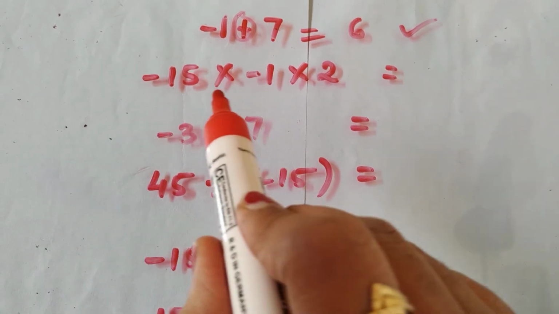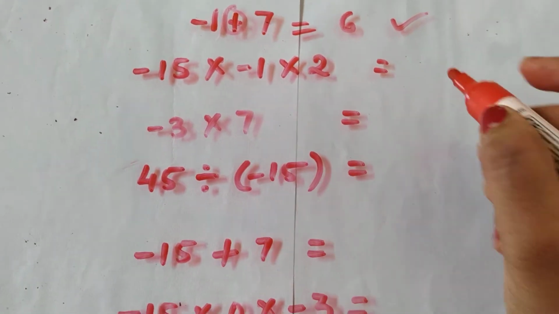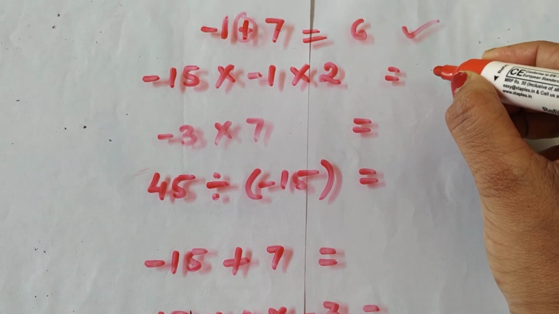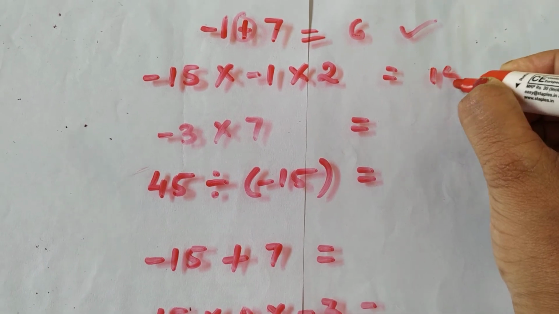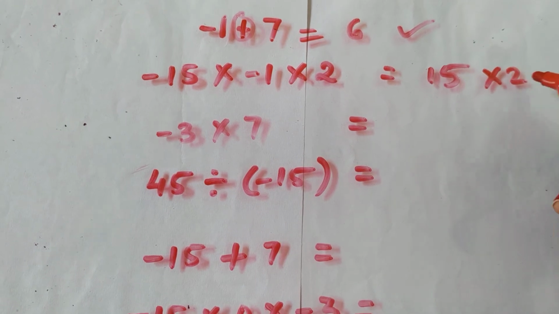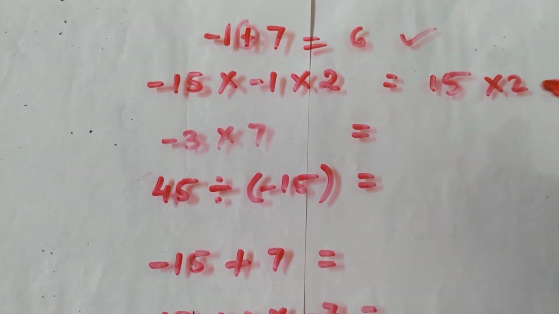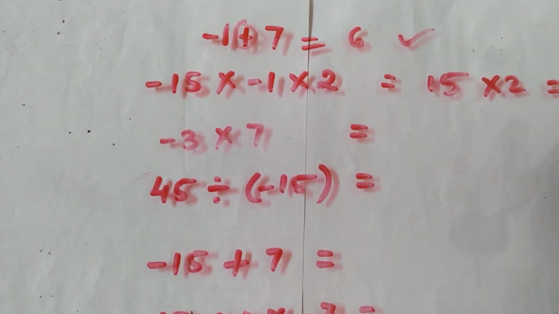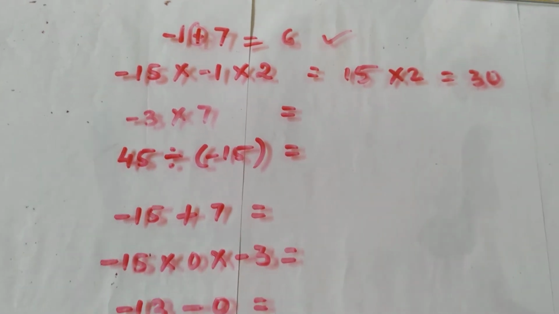Now minus 15 into minus 2: 15 into 2, minus into minus gives plus, 15 into 2 is 30. So your answer is 30.